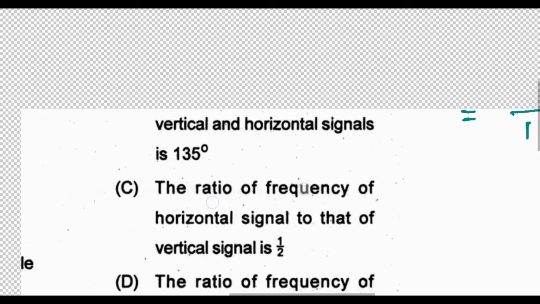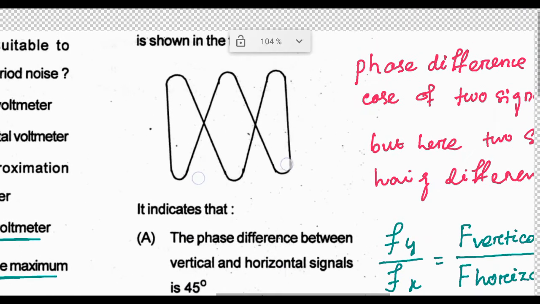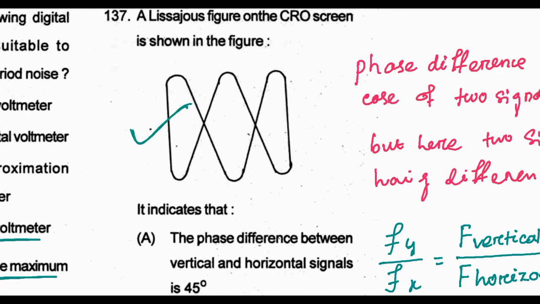The first thing, the Lissajous pattern is given like this. That means we are operating the CRO in XY mode. That means we are providing two signals to both x-axis and y-axis, and the x-axis is in the signal mode, not in the time mode.